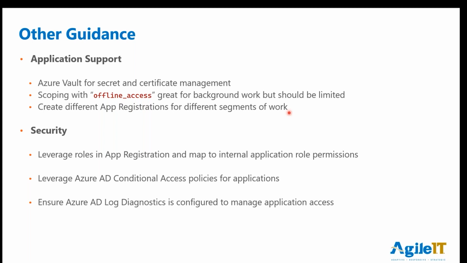On the security side, I'm going to go back to the scenario because there are a couple more things I wanted to go through, and then we'll get to our Q&A. Once you're doing this app registration and managing things, there are additional capabilities that you can code into your application that essentially fire off signals to, let's say, conditional access.